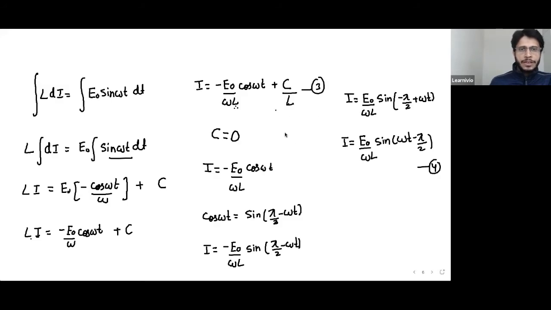So the equation of current is E naught by omega L sine of omega t minus pi by 2.